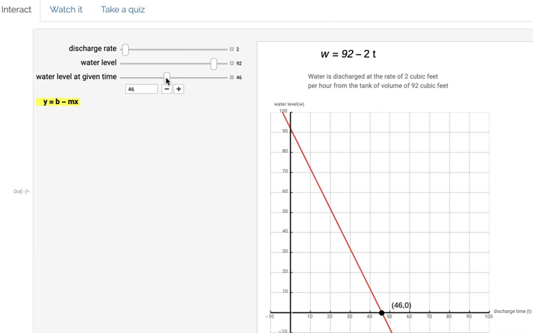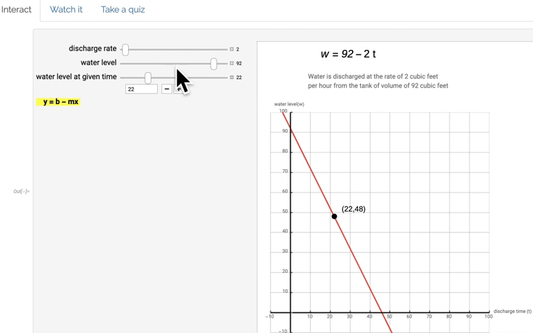So how does this represent these real-world problems? From this model you can understand what each component represents in these equations.